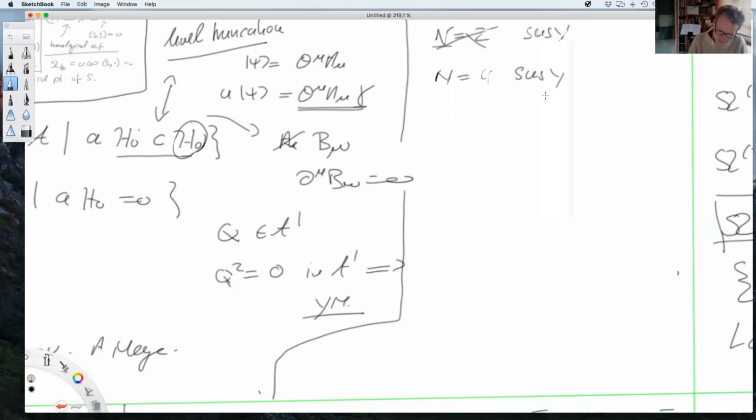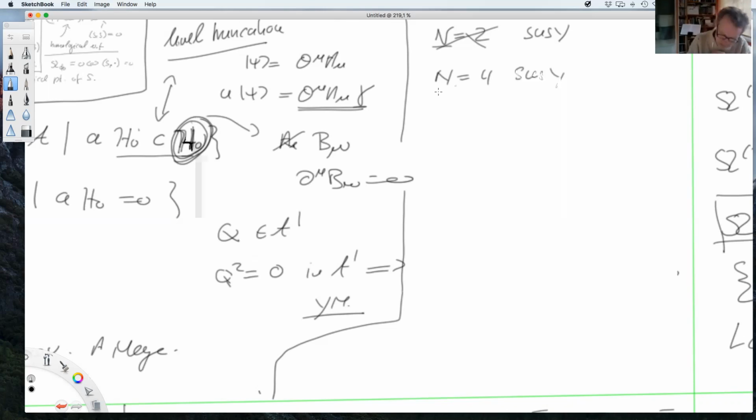Now, I should perhaps say one more thing. There is a natural way to characterize this H0 in N equals 2. Because you have N equals 2 worldline supersymmetry, you have an SO(2)_R symmetry which rotates these two spinors into each other. SO(2) is the same as U(1), and U(1) has a conserved charge, so you can say H0 is defined by fixed charge with respect to this U(1)_R symmetry of N=2 supersymmetry.